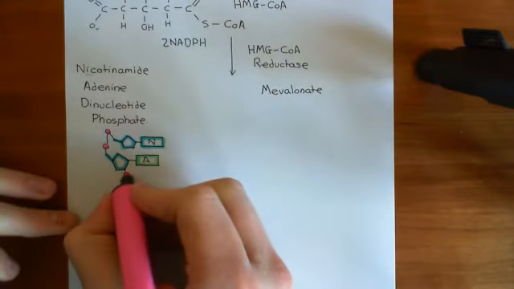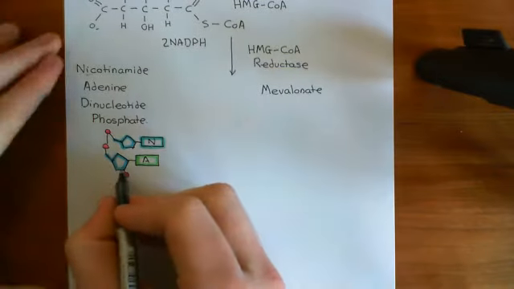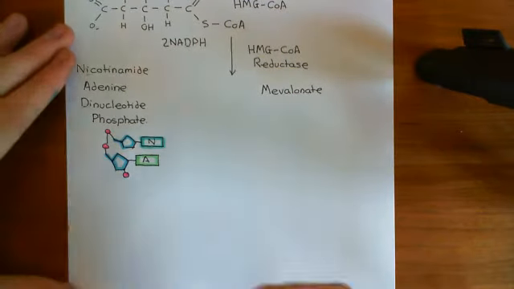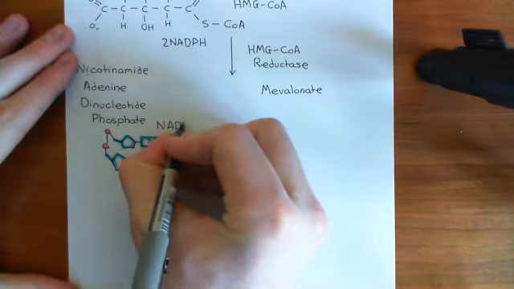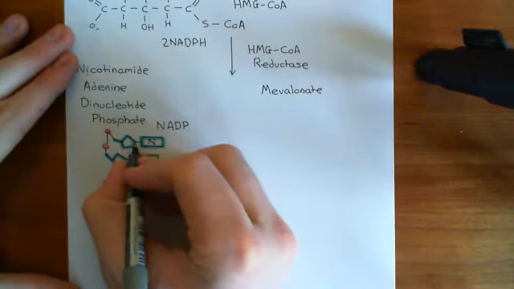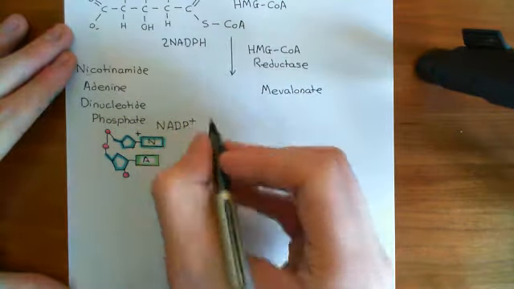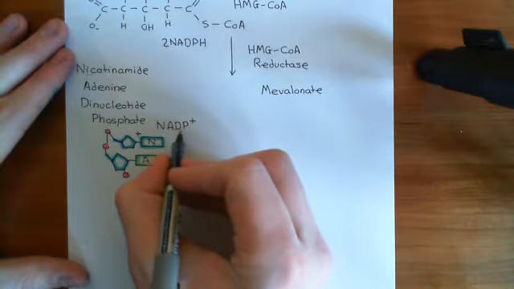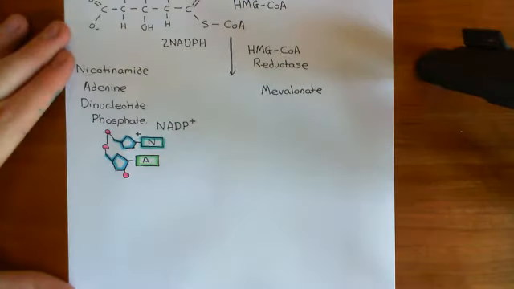So we have attached another phosphate group onto that ribose sugar via a phosphoester link. Now, that creates nicotinamide adenine dinucleotide phosphate, which is usually just abbreviated to NADP. Now, the nicotinamide group that you have attached onto the ribose actually has a positive charge, so the entire molecule therefore has a positive charge. So people often write NADP and then put a positive there to show the positive charge.